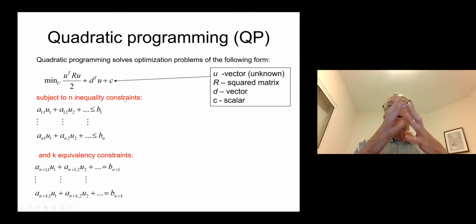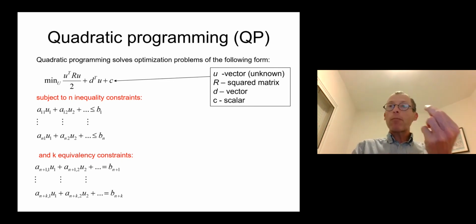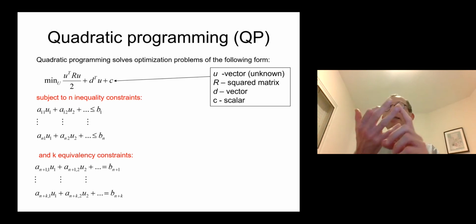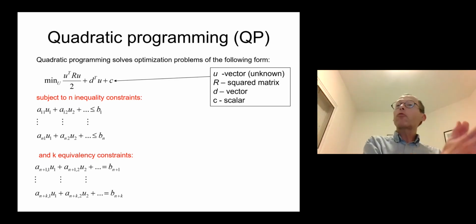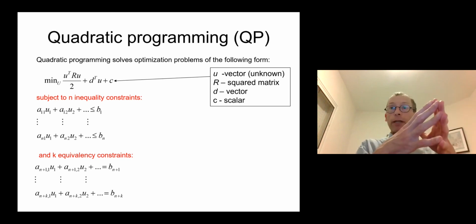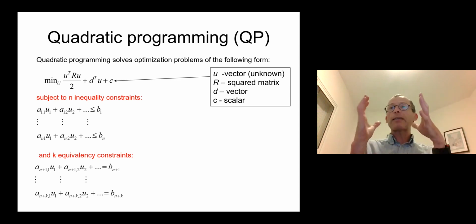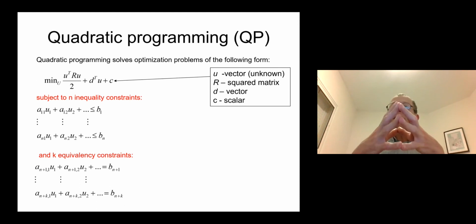Why is it important for us to know that this formulation exists? It's important because there are very, very good solvers out there for quadratic programming. If you can define a problem as a quadratic programming problem, then you don't need to use gradient descent and simulated annealing, which are general methods. You can use solvers that are specific to quadratic programming and actually work much better, usually faster and more accurate, because this is a set of problems where people spend a lot of time trying to develop methods that can optimize the problem.